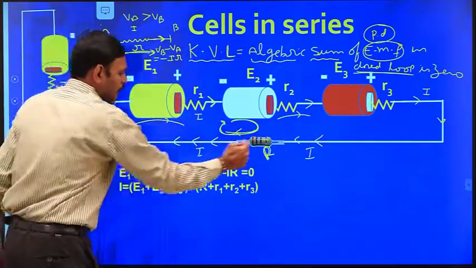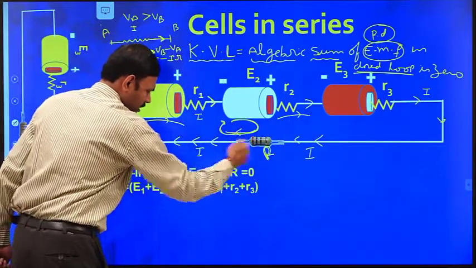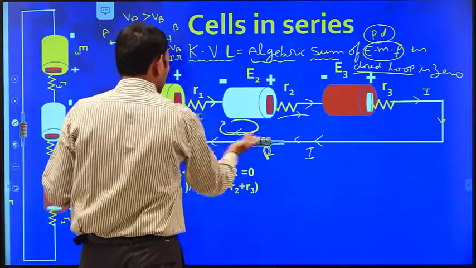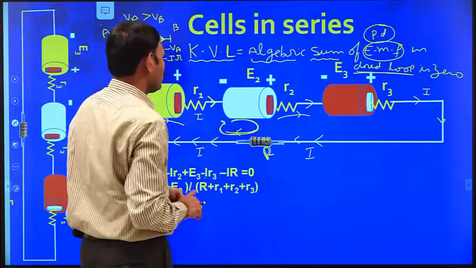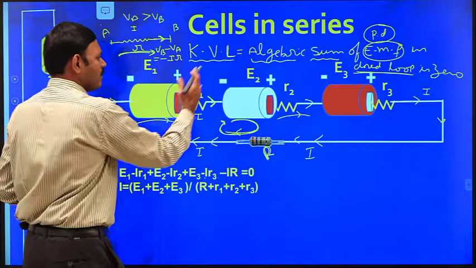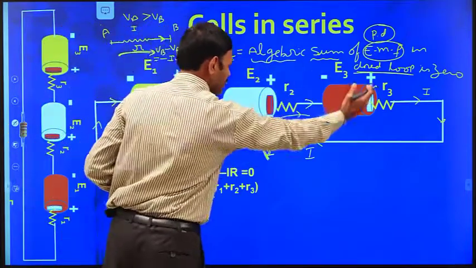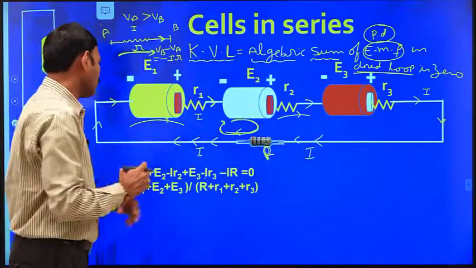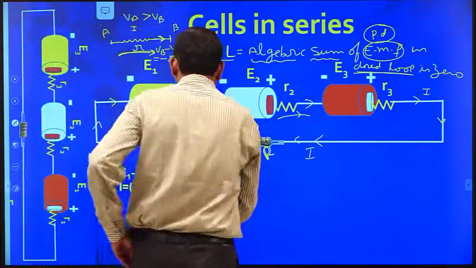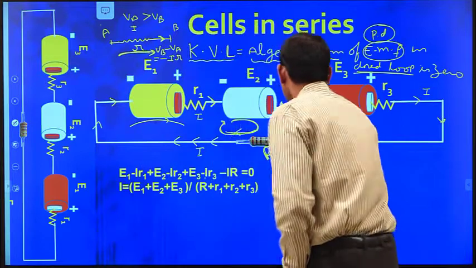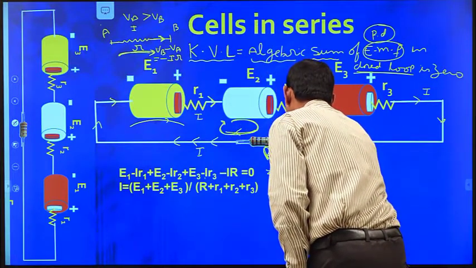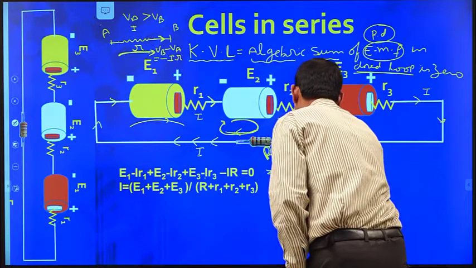For the last resistance, the current is traveling in the same direction, so minus IR. So E1 minus IR1 plus E2 minus IR2 plus E3 minus IR3 minus IR is equal to 0. From this, we have to find the I value. Then the next step: add the positive values together at one place.